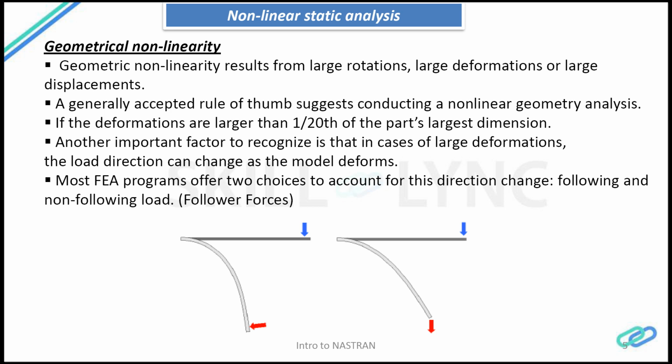So geometric nonlinearity. A geometric nonlinearity results from large displacements. When we say geometry, it is mainly the cross section. It is influenced by the dimensions of the structure and not by the material.